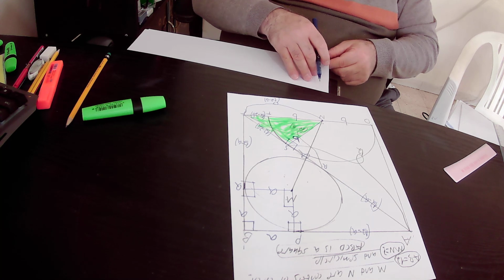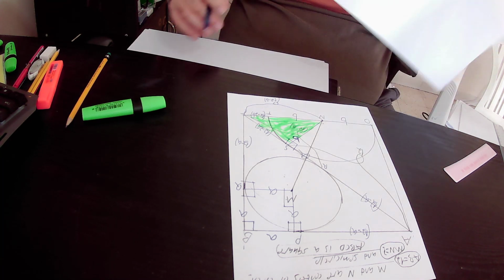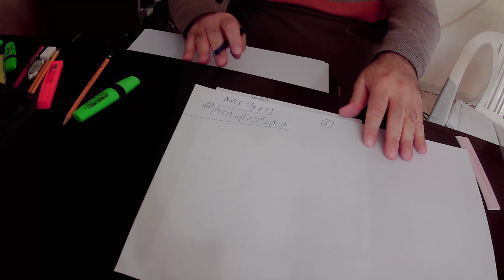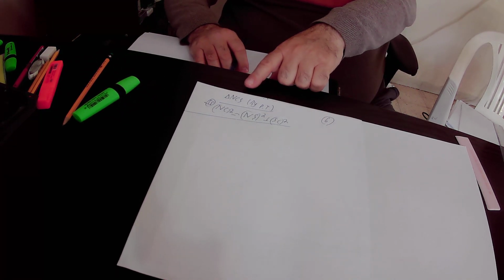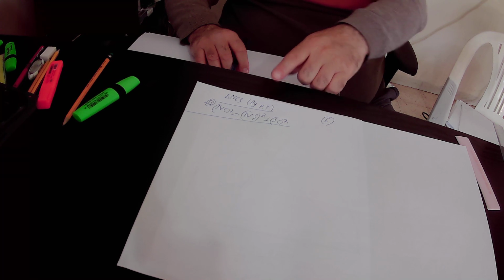So I'll repeat again. Here in the right triangle NCS, by PT, the abbreviation for Pythagoras theorem, NC square equals NS square plus SC square.